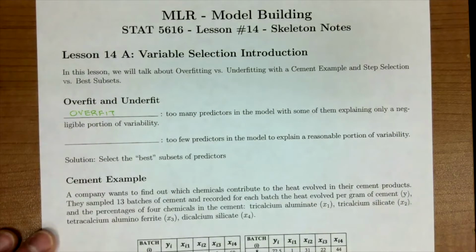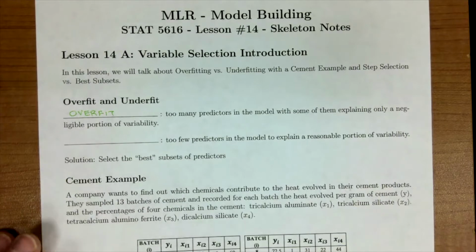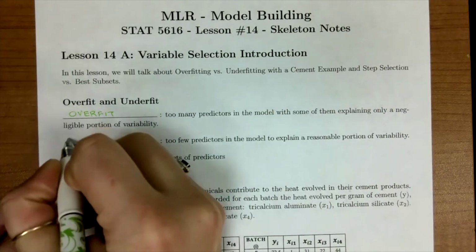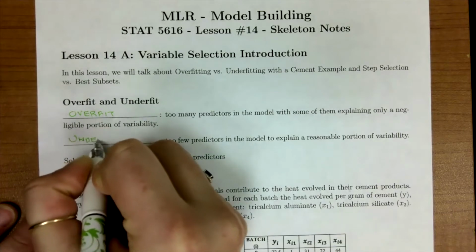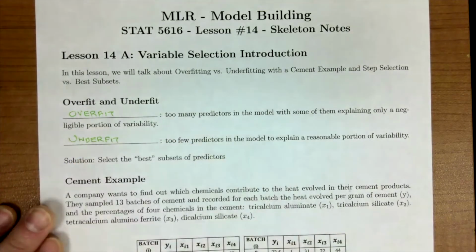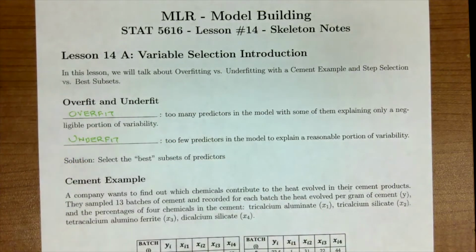That means we're going to put too many predictors in the model where some of them aren't explaining a lot of the variability. Another issue we could have is if we underfit our model. So we have not enough predictors to explain the variability of our data using the model.